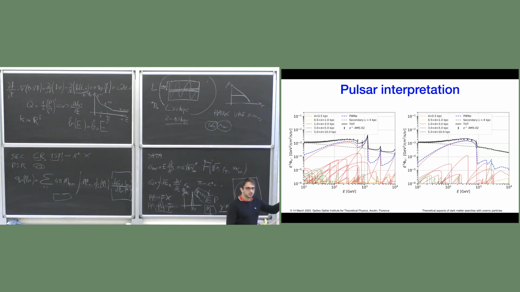So in the future, AMS or other future experiments can test whether you have a very young and nearby pulsar by looking for spikes in the spectrum. Currently, in the data, you don't have any spike, so you cannot have a very close and young pulsar. Also, keep in mind that statistically speaking, it's very difficult to have a nearby and young pulsar, because the distribution of ages of pulsars is flat.